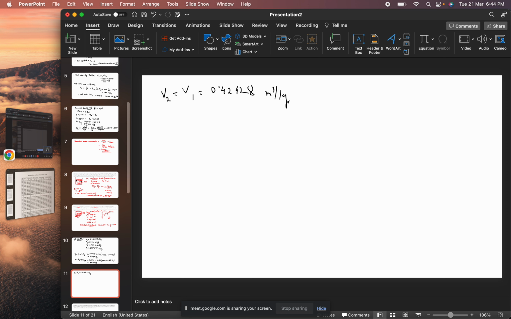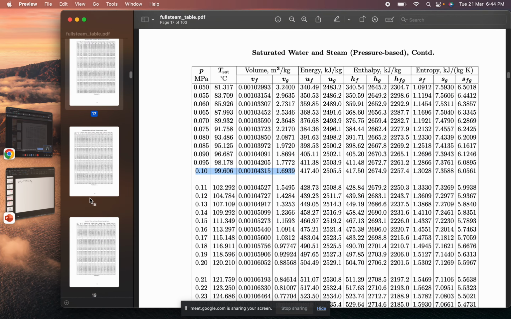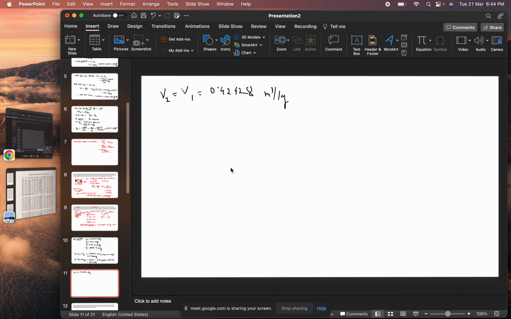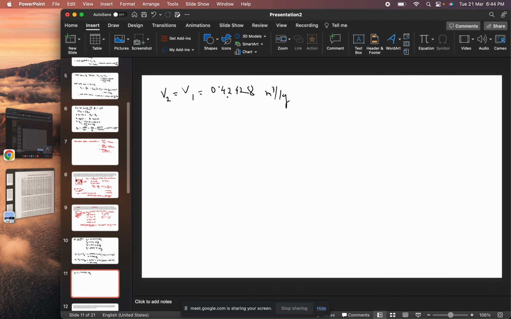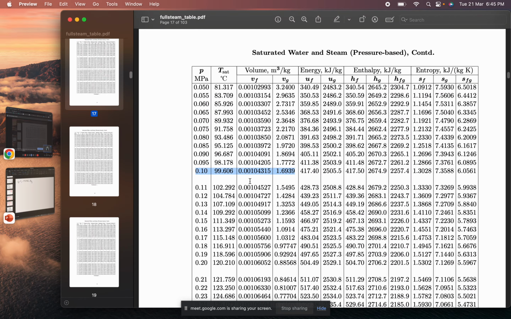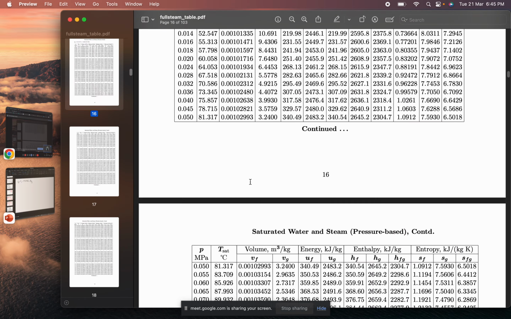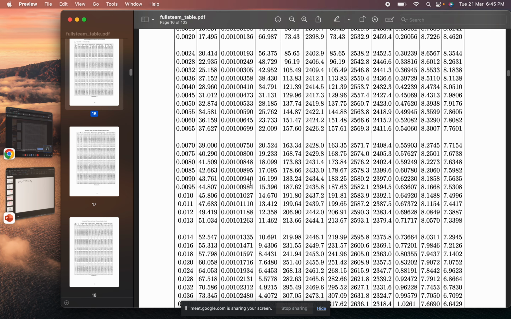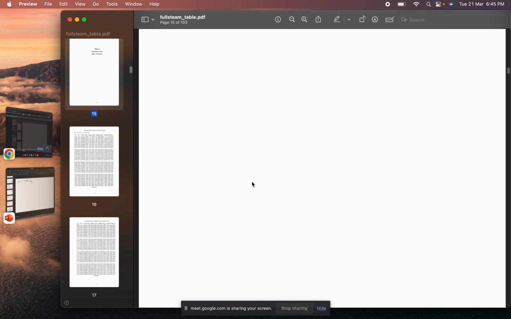Then we have to go to the steam table and check where this volume 0.42428 is, and what is the internal energy corresponding to that volume.